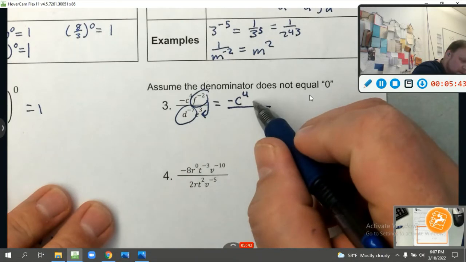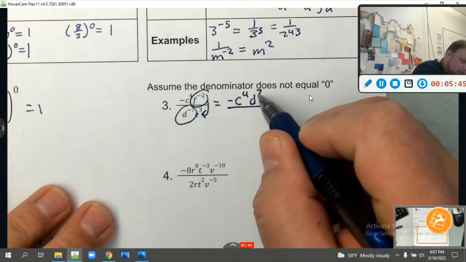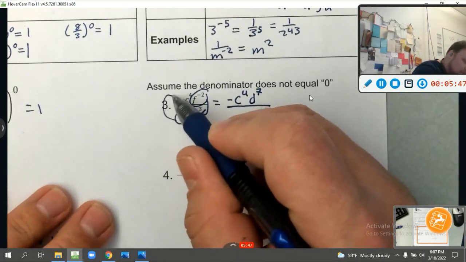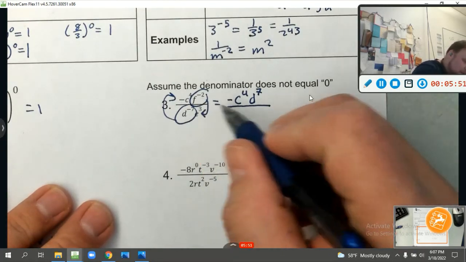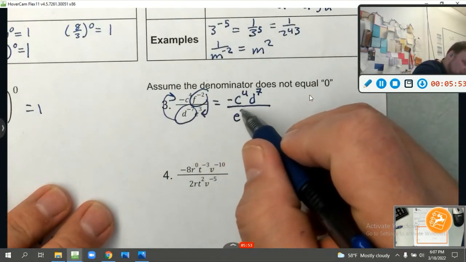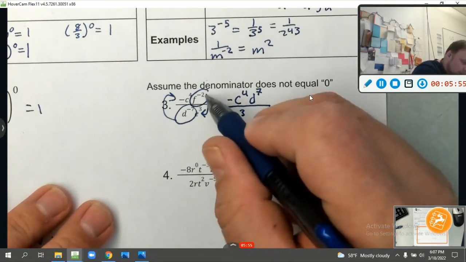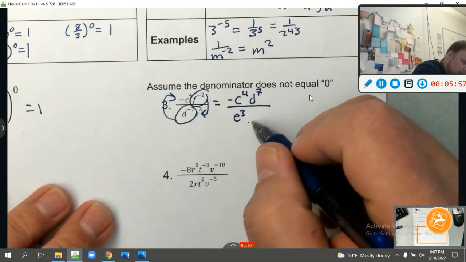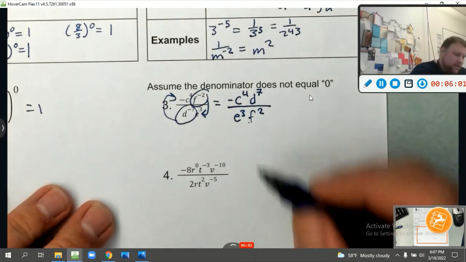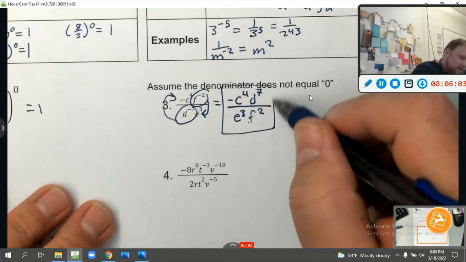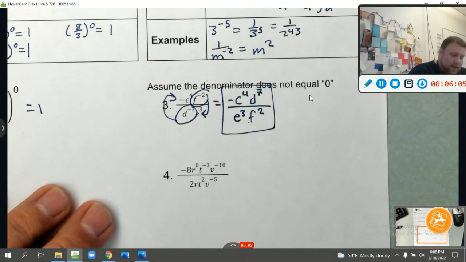So I'm going to move this up, d to the positive 7. So I moved it up top with the c. And then on bottom we have e to the third. That doesn't go anywhere, but we're going to move that f to the negative 2 down, and it becomes f squared. Notice that when we move it, the exponent becomes positive. And there we have it, negative c to the fourth, d to the seventh, over e to the third, f squared.